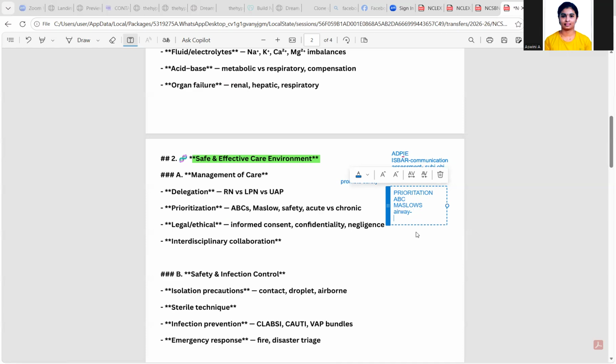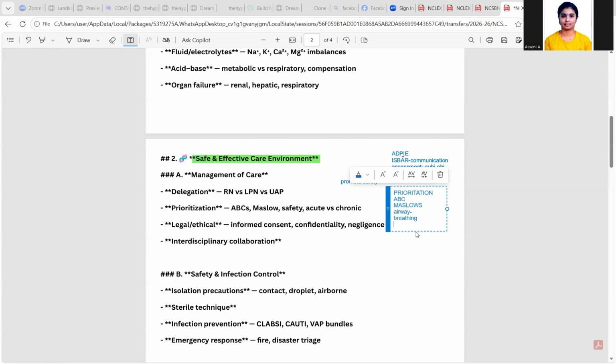Second is breathing. If the client has any lung or respiratory condition like COPD, asthma, pneumonia, or pleural effusion, which affects the saturation, or if the client has hypoxia or is going into complications like respiratory failure, breathing is the priority.